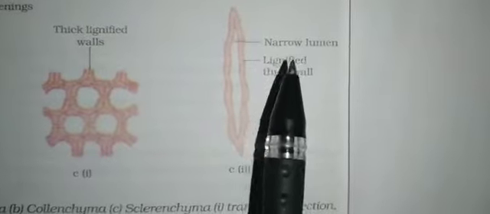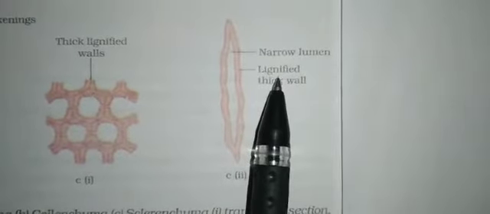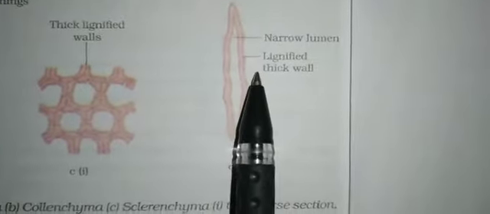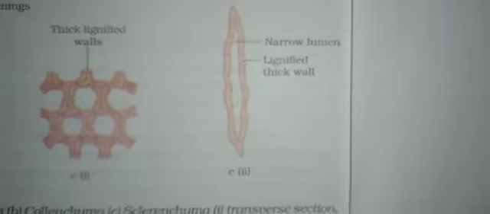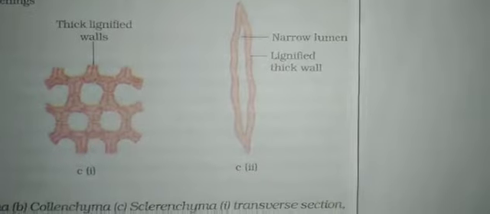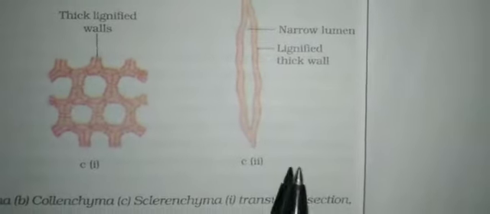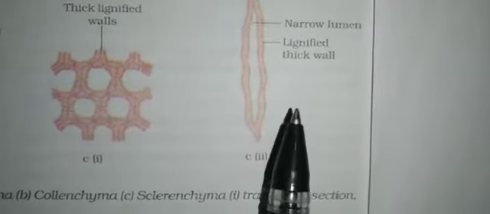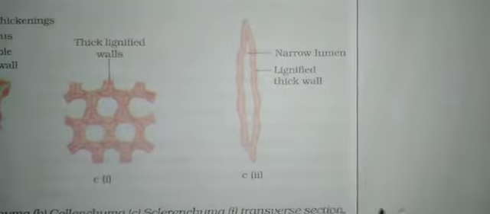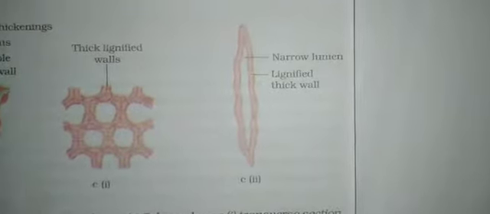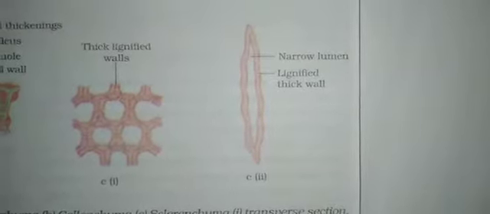Because a component called lignin accumulates here, this is called a lignified thick wall. So the cells of these tissues are dead. They are long and narrow as the walls are thickened due to this lignin. So often these cells are so thick that there are no intercellular spaces inside.